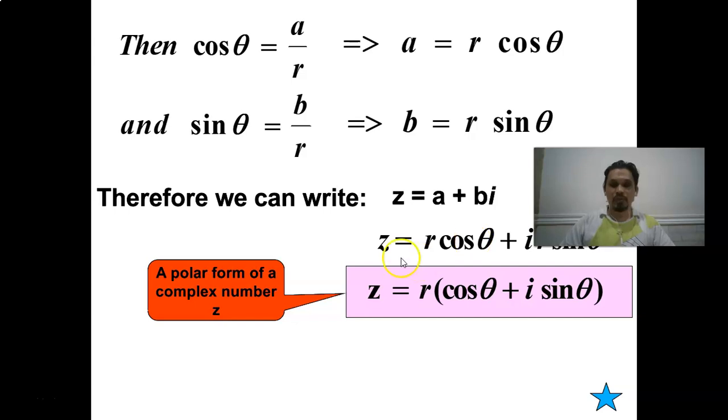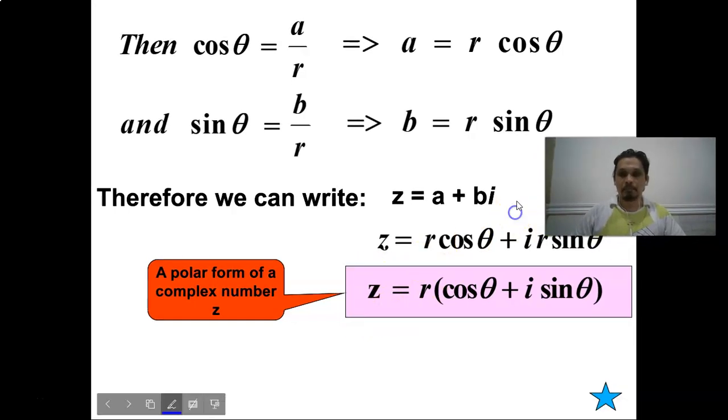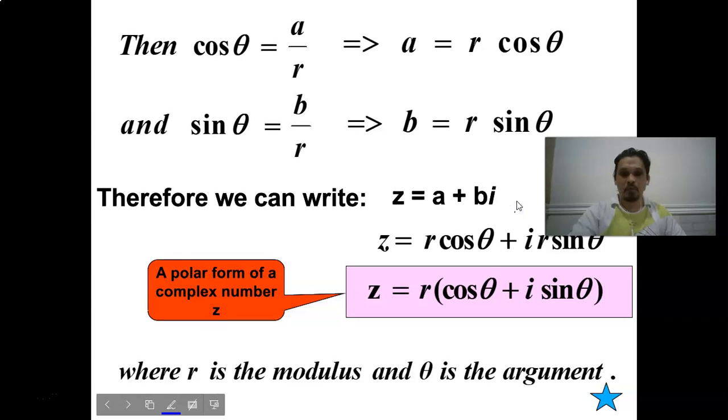We are going to write this in this form, where r is the modulus and theta is the argument.